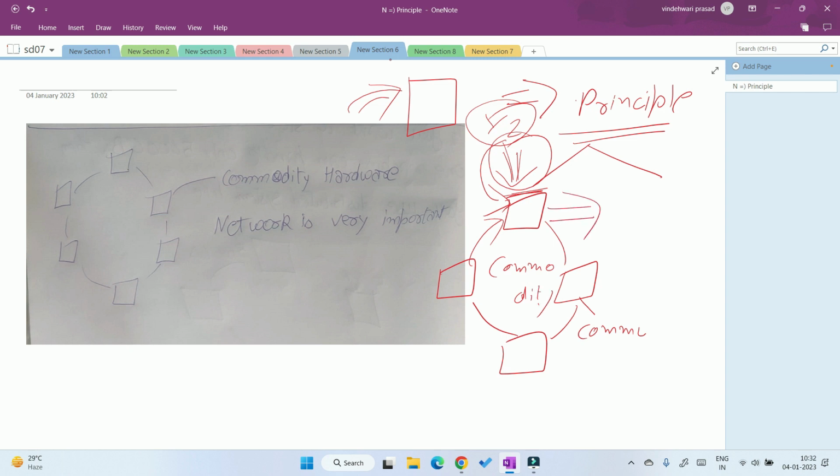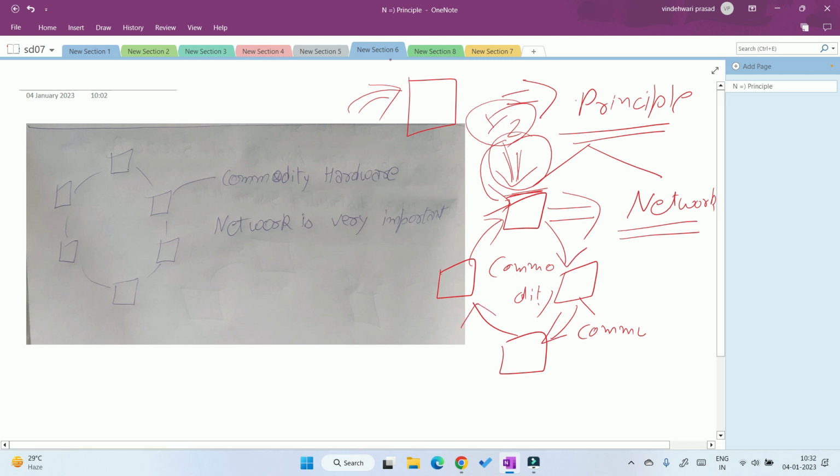Second principle is that the network is very important. Because if the network gets disconnected, the machines cannot connect with each other, share the data, or do their work properly. So the network plays a very important role here.